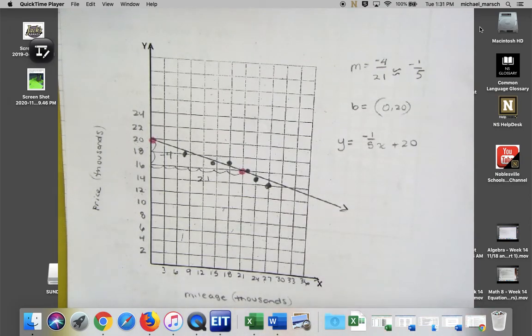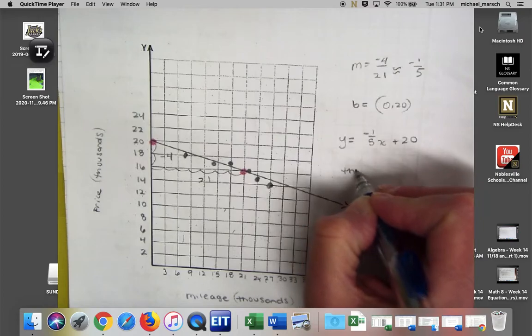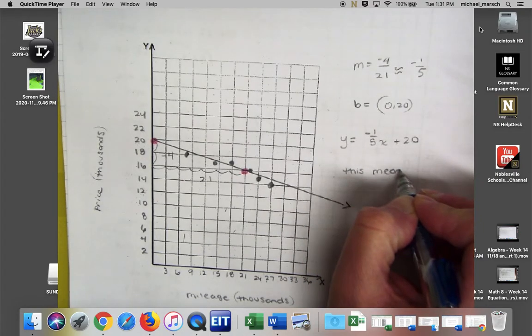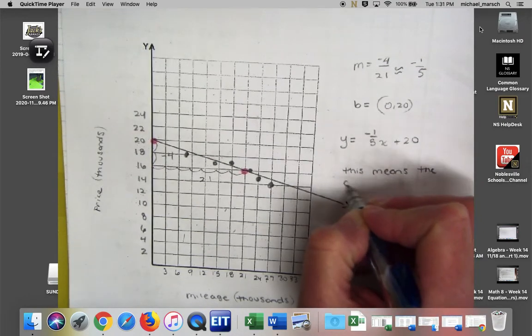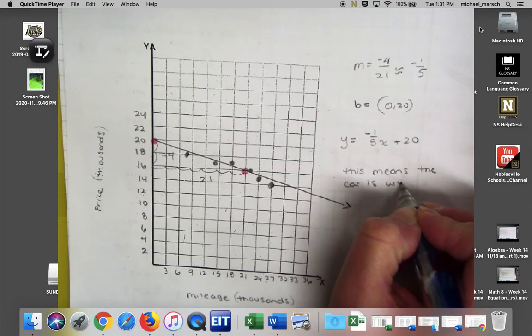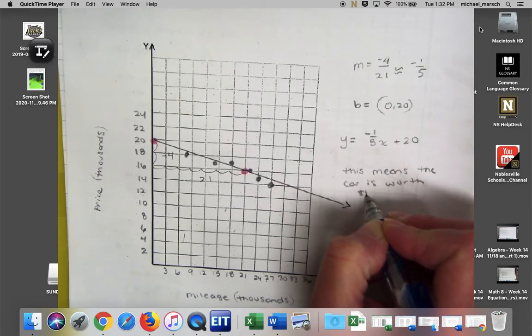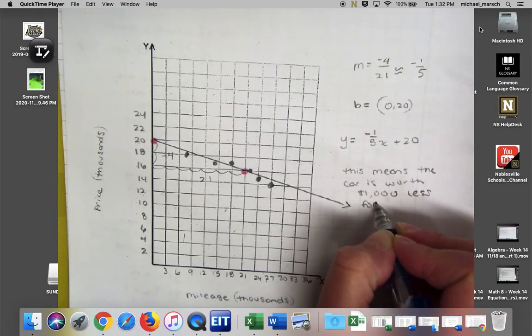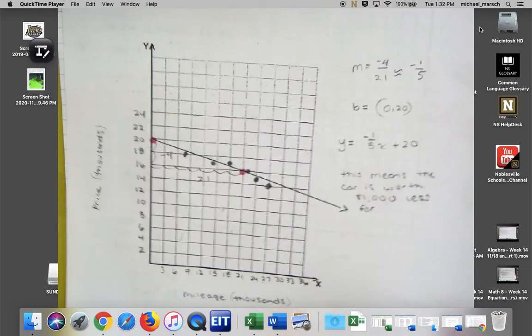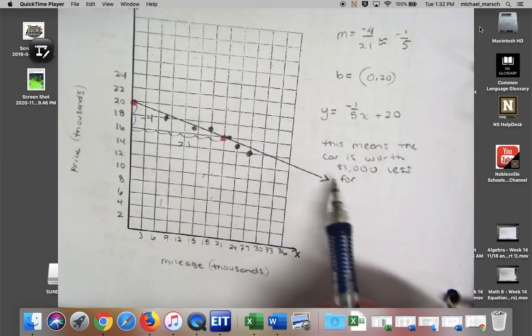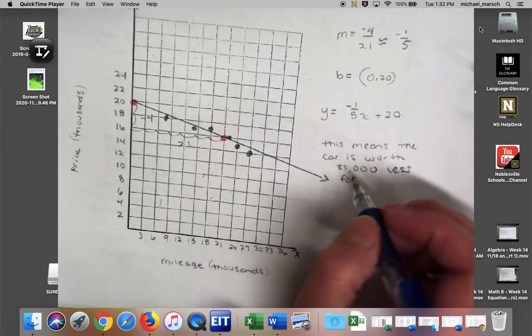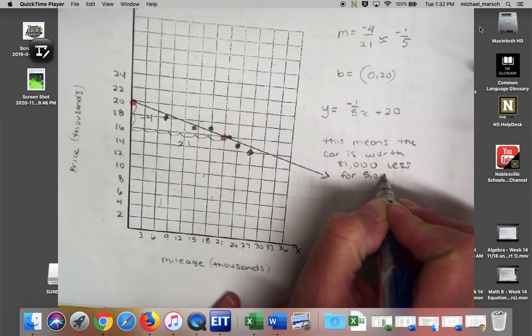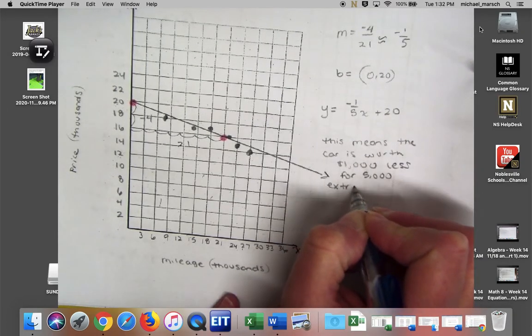Does the plus 20 mean you bought it for? Yeah, it started at $20,000. So this means the car is worth $1,000 less for every 5,000 extra miles driven.